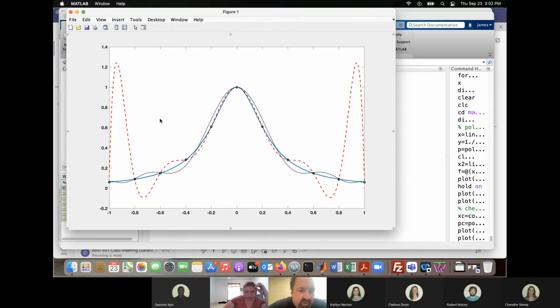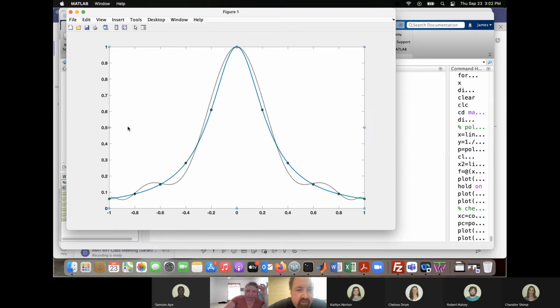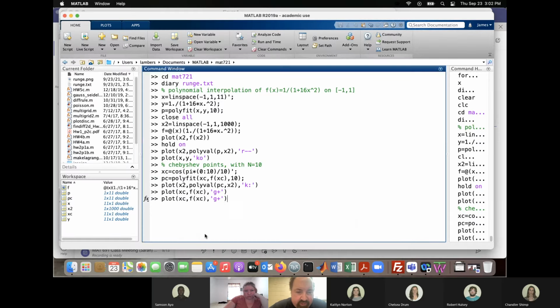All right, so I'll get rid of this. And I'm going to get rid of the equally spaced points. And then I'm going to plot the Chebyshev points again using green circles. That might be easier to see.